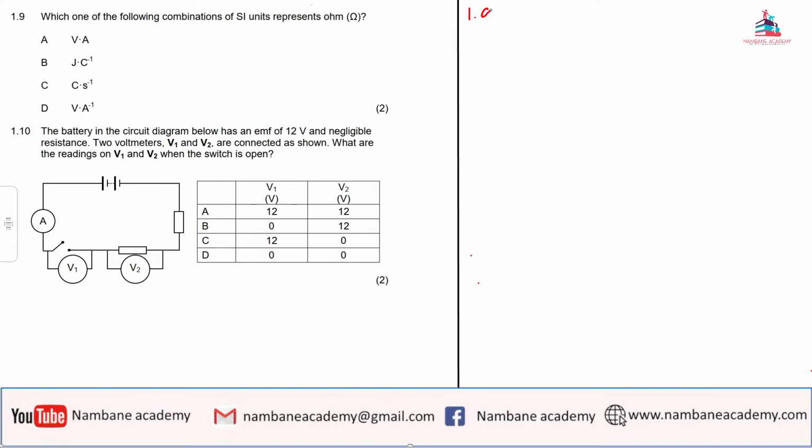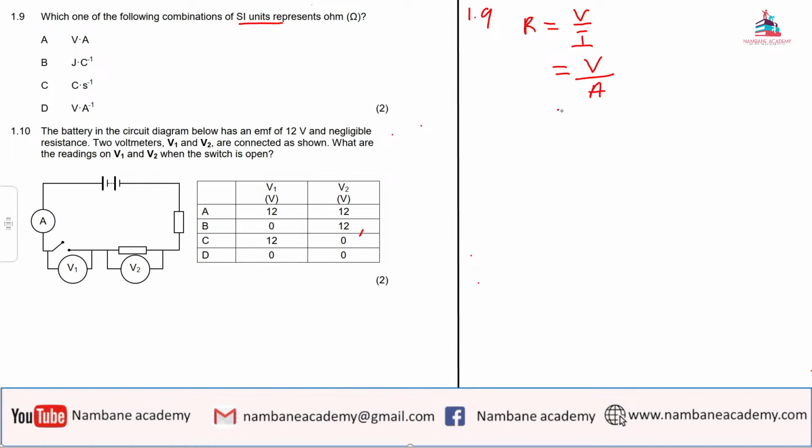Let's start with 1.9. Which one of the following combinations of SI units represent an ohm? This one is easy. R is equal to V over I. What is now the SI unit for potential difference? It is V. What is now the SI unit of current?